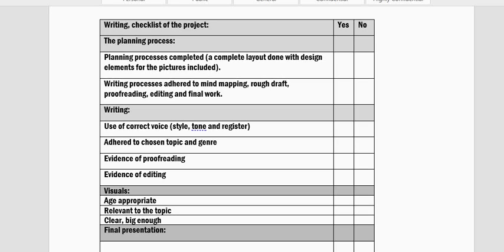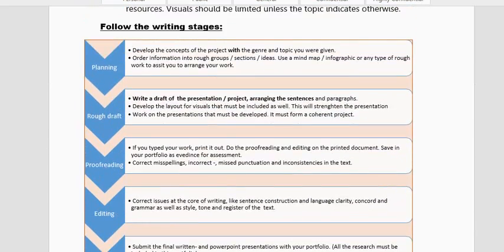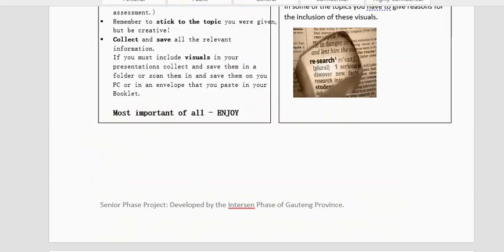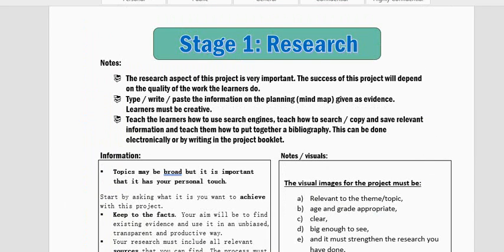I strongly advise it because that will help the child to manage his time as well and to see what still needs to be done and what has been completed. Then instructions for the writing part, instructions for the research part, and please go and have a look at that PowerPoint presentation again, literacy skills doing research.